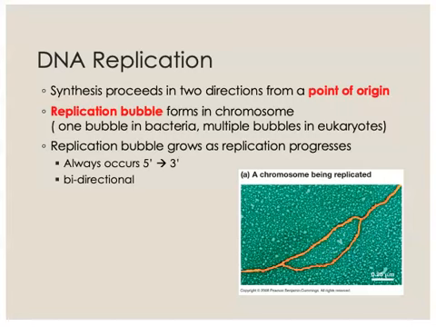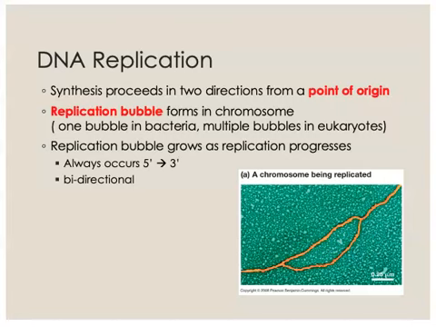The idea is the same. There's going to be some point, some location in the double-stranded DNA molecule that will be the place where DNA replication begins. And the very first thing that needs to happen is the double helix needs to be pulled apart. It needs to have the two strands separated from each other.